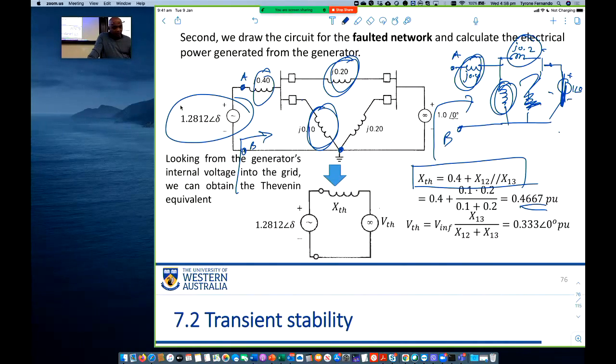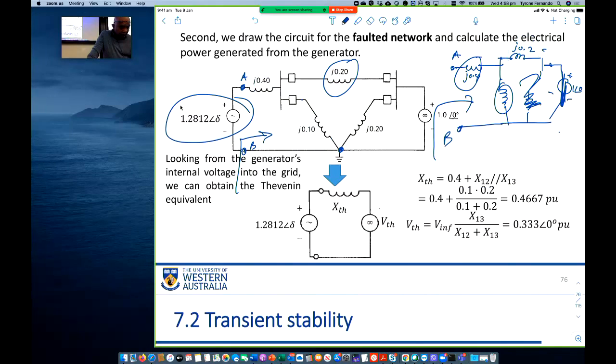What is the Thevenin voltage? The Thevenin voltage is the voltage that appears across A and B, the open circuit voltage. The voltage across there to there is still 1 angle 0.